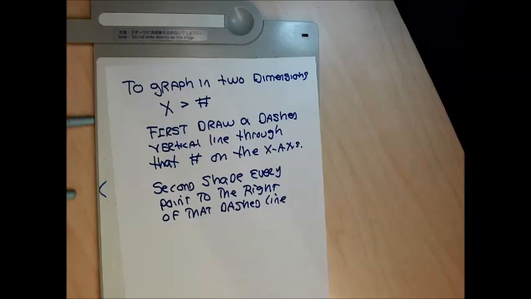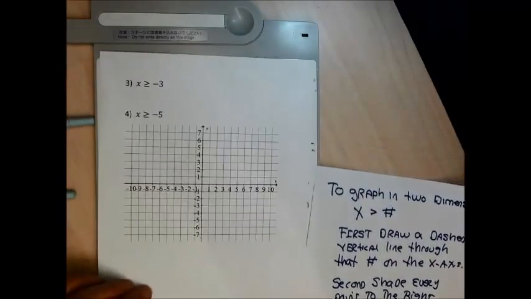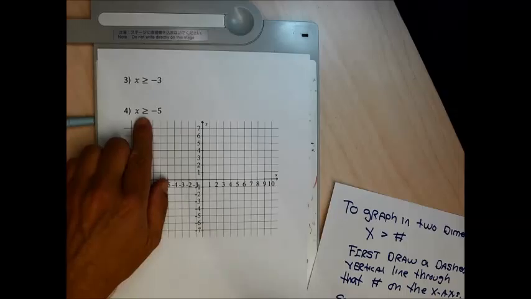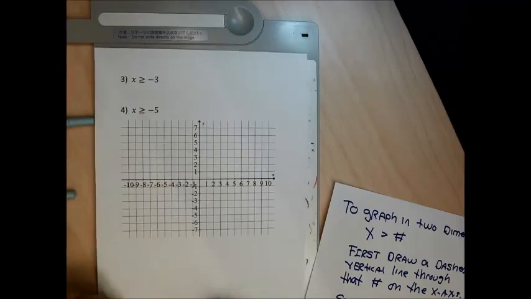The next 2 problems are similar problems, except they have an or equal to. And I need to identify every point on the graph that has x coordinates that are either greater than -5 or equal to -5.